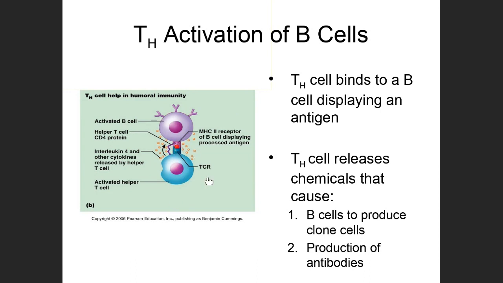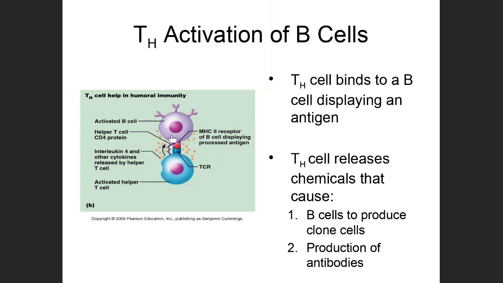This B cell is currently acting as an antigen presenting cell. It's found something in the body that it believes to be harmful, and it's showing it to the helper T. Notice that the helper T is releasing some chemicals back onto the B cell. That's what these little yellow circles represent: chemicals being secreted by the helper T cell back onto the B cell to activate it.